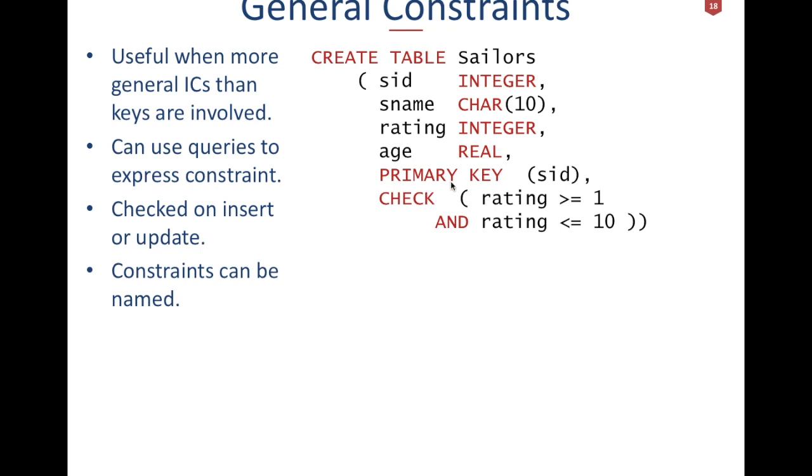We're checking that the rating value is greater than or equal to 1 and less than or equal to 10. So on insert or update to this table sailors, there is going to be a check on rating. If it doesn't satisfy the condition, that rating is between 1 and 10 inclusive, then the insert or update query will not be executed successfully.